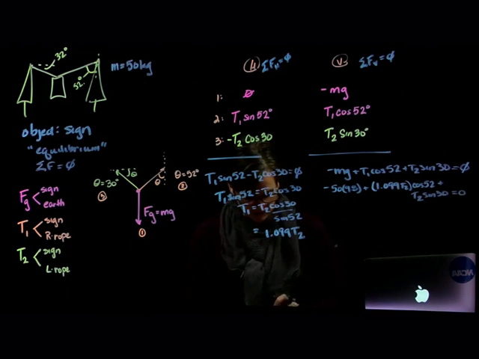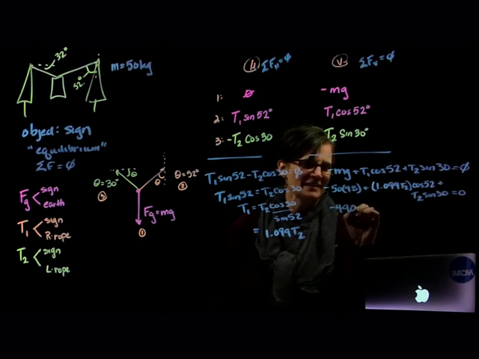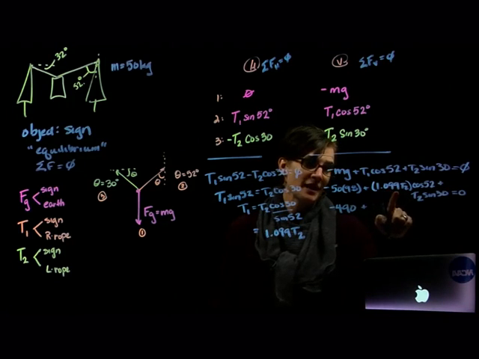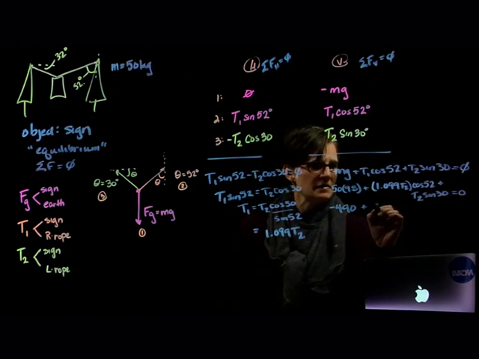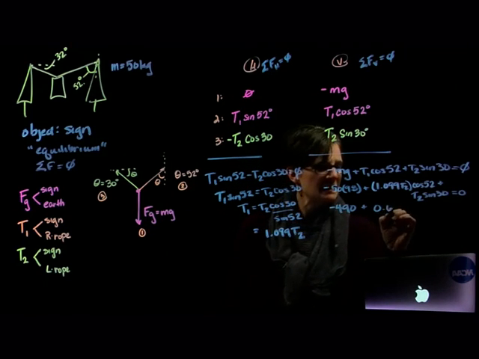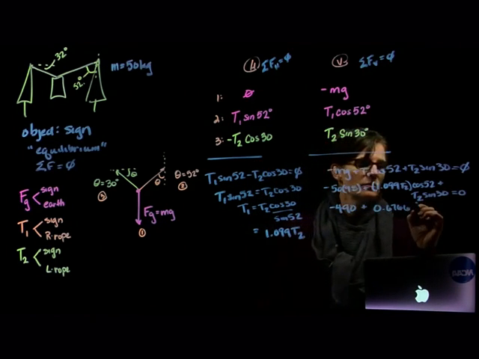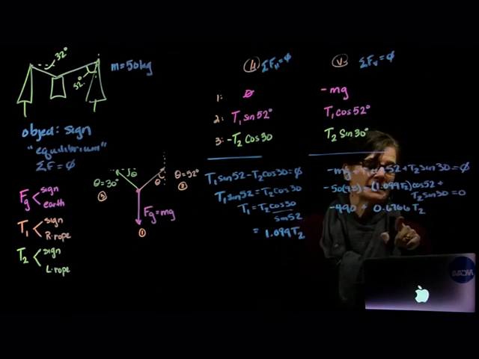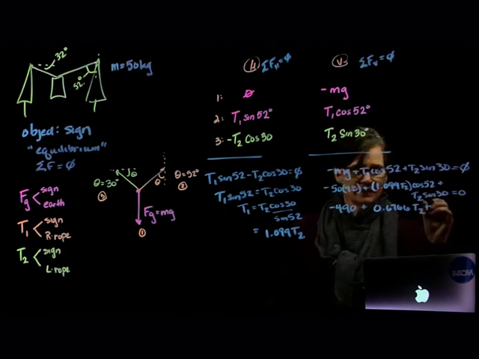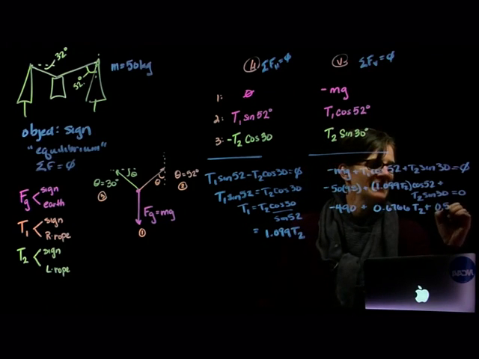So, simplifying a little bit, I get minus 490 plus, well, 1.099 times the cosine of 52, 0.6766. I'm keeping a lot of significance just to get closer to the rounded number that I'm going to ultimately use. So plus 0.6766 T2 plus the sine of 30, which is 0.5, T2.